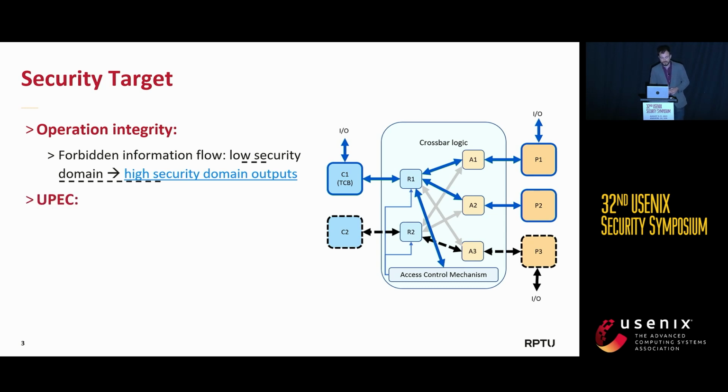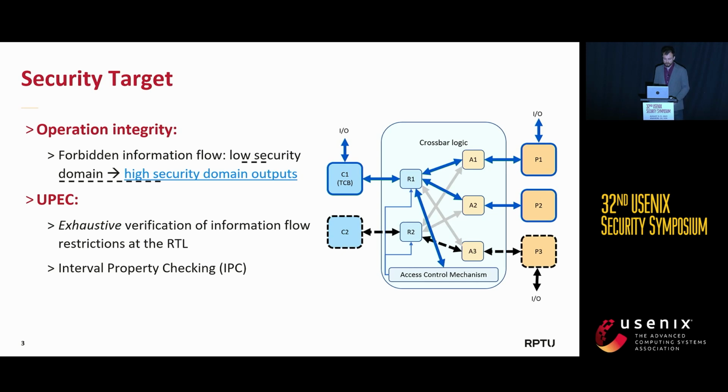And expressing security targets this way, as information flow restrictions, is neat for us because for a few years now we've been developing a verification methodology called UPEC, which stands for Unique Program Execution Checking. UPEC allows us to exhaustively verify exactly this type of information flow restriction at the register transfer level. It does that using a formal verification technique called interval property checking.